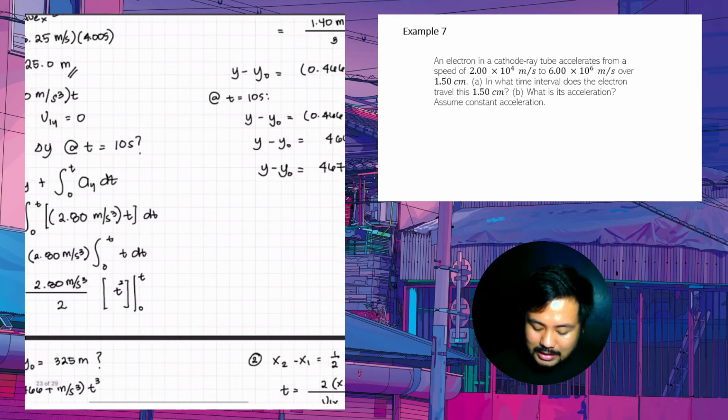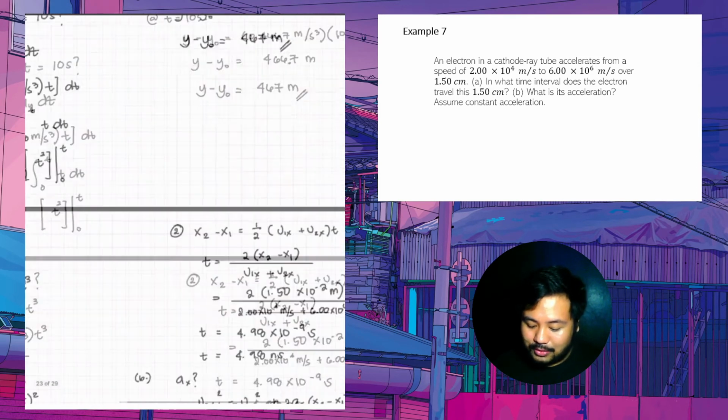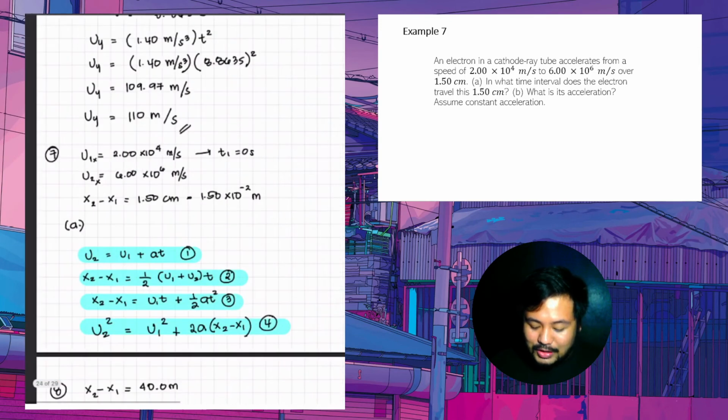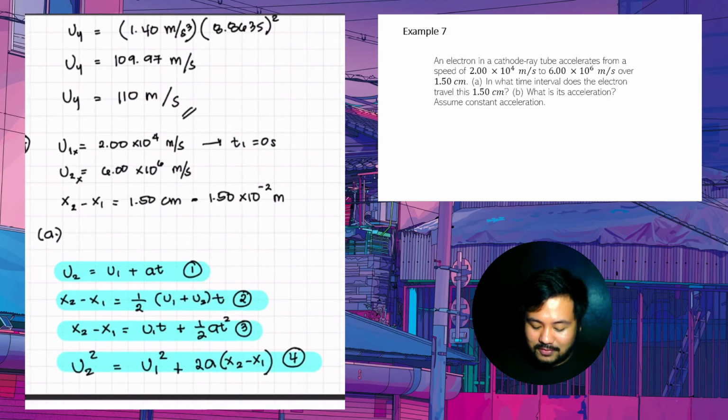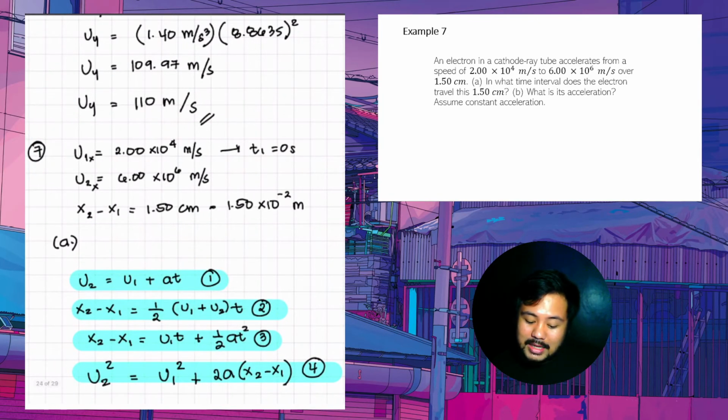So it is understandable that we have to make use of our UAM equations. So you have here v2 equal to v1 plus at, x2 minus x1 equal to 1 half v1 plus v2 times t, and so on and so forth. What I want you to do with this one is to compartmentalize yourself, wherein you write all the givens first and then you decide what equations to use.